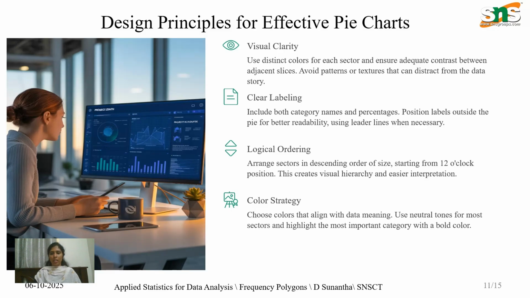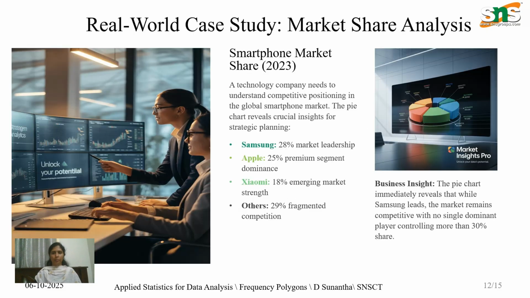Arrange sectors in descending order of size or in ascending order of size, starting from 12 o'clock, and use a clockwise direction to represent the data. Next is color strategy. Choose colors that align with data meaning. Use neutral tones for most sectors and highlight the most important category with a bold color.